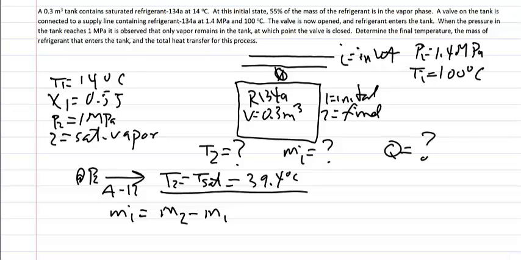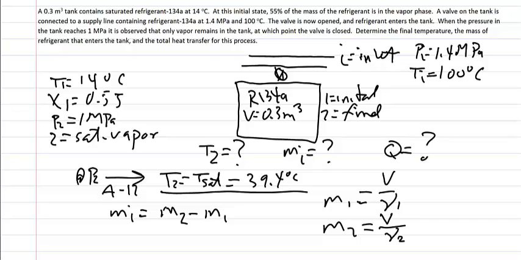Again, we know the thermodynamic state and we know the volume, so we can find either of those masses by dividing the volume by the specific volume. M1 is V over specific volume V1. M2 is the total volume V divided by the specific volume V2. Once we look up the thermodynamic property data at 1 and 2, we just plug them into this equation. We know the volume, and we can get the mass at the inlet.